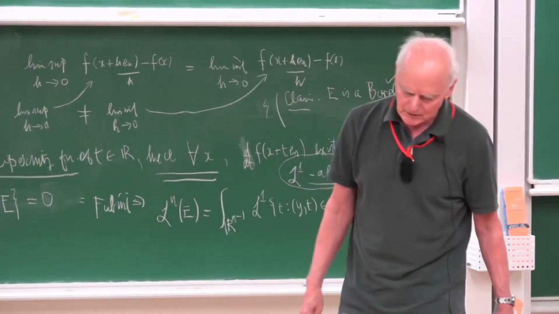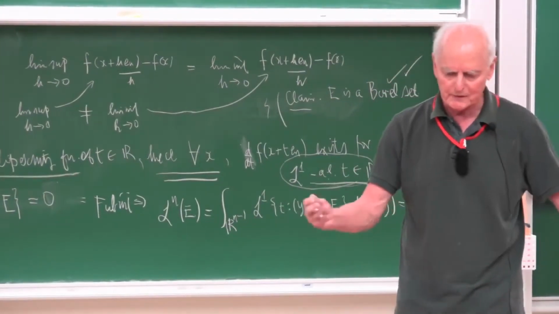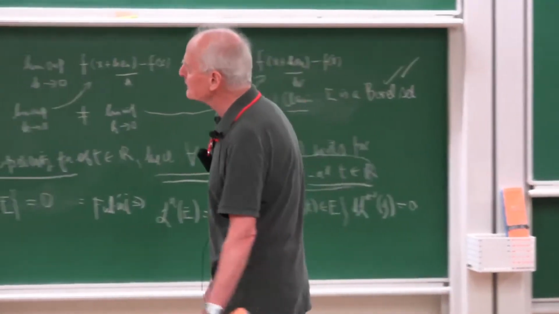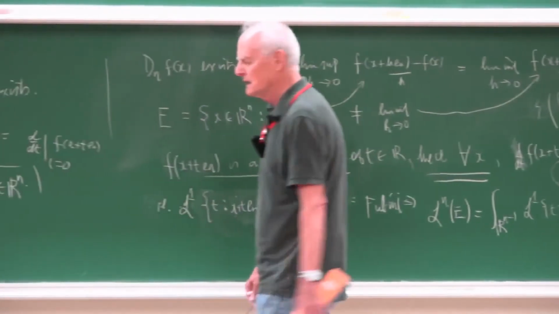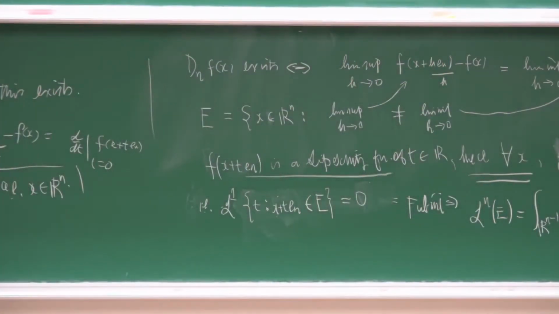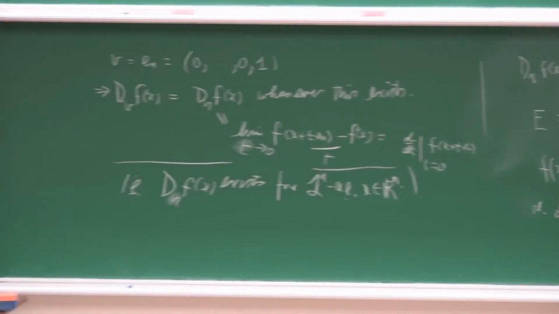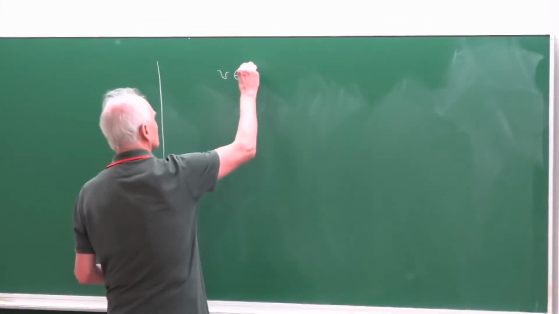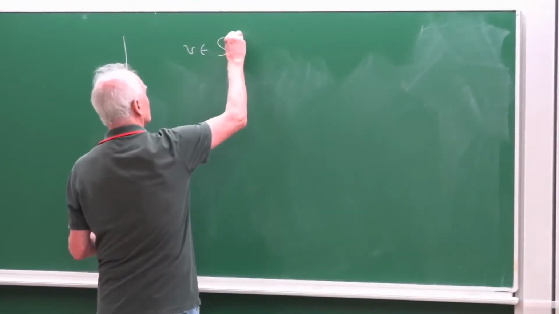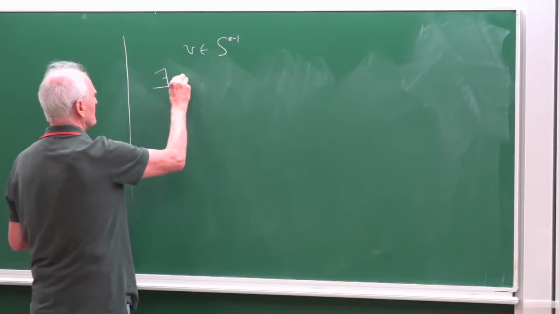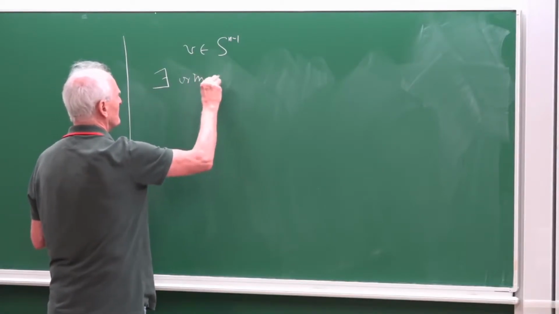That's just a notational matter. Equally well, you could prove it for the first n minus 1 partial derivatives. In fact, we can prove that all the directional derivatives exist almost everywhere now. Let's do that here. Take any v in S^(n-1). And remember, of course, there exists an orthogonal transformation.